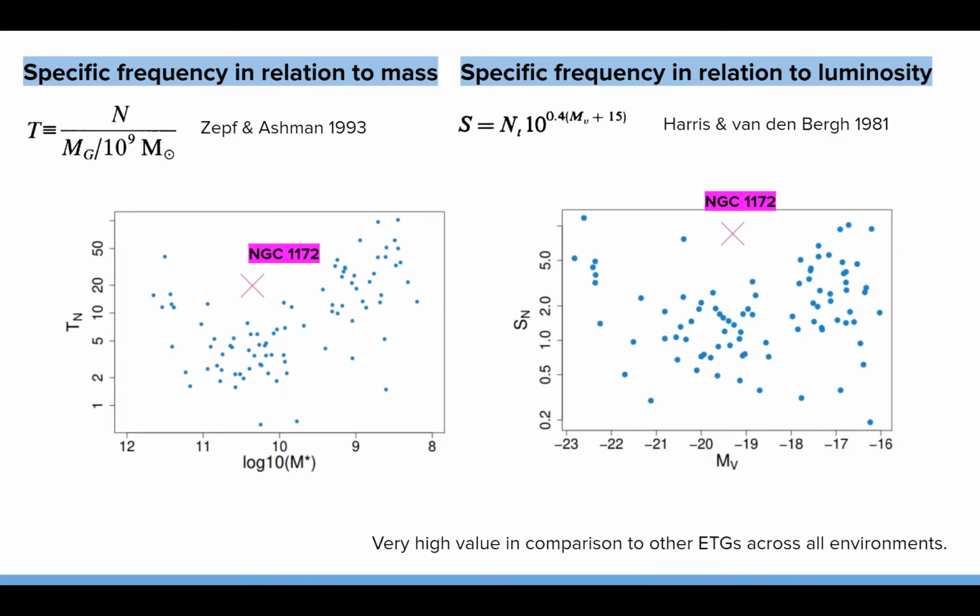This galaxy, instead of being at that minimum, is pretty high above. That axis is logarithmic, so it's kind of deceiving, but it gives us very high values for a galaxy of this mass, because intermediate mass galaxies tend to have pretty low values of specific frequency.